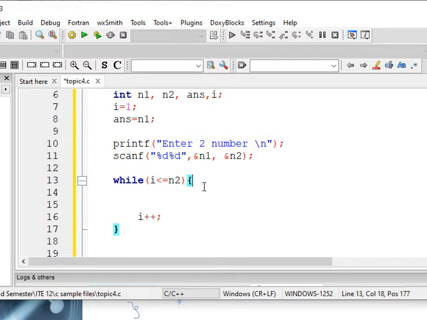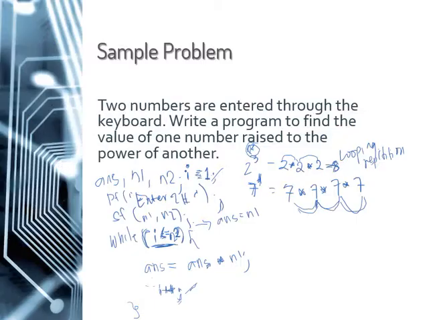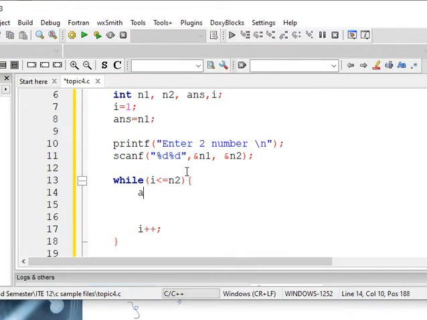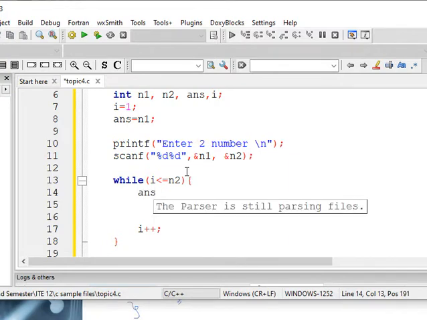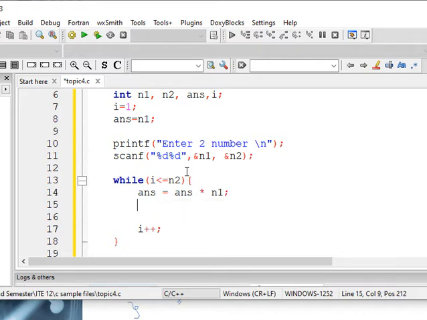Next is the body of the loop. So the body of the loop, kato na dahil to akong atong gibutang kaganina, wherein ans is equals to ans times n1. Okay? Then, i-print na dahil na to ang answer.